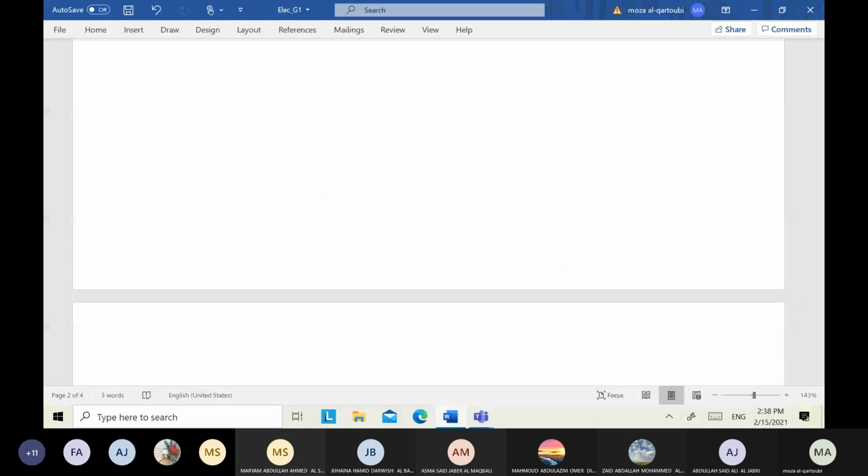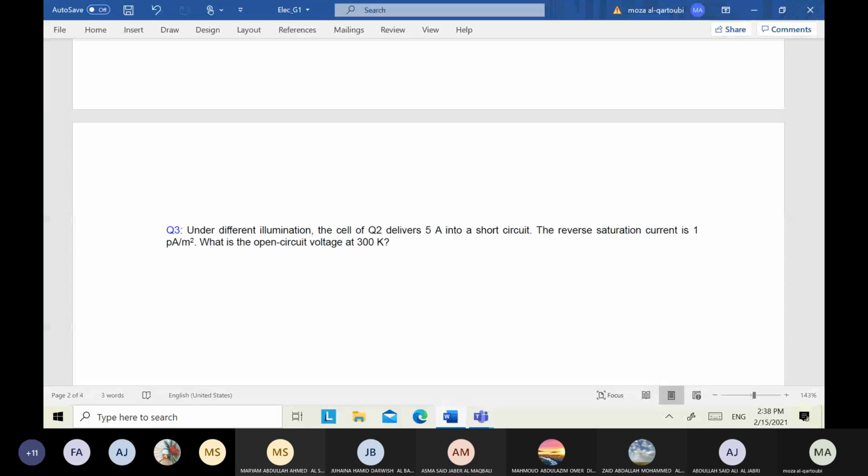Now we'll go to question number 3, same idea, with different data only and different illumination. The cell of question number 2, which we are solving now, delivers 5 ampere into a short circuit. So 5 ampere, this is the I short circuit. The reverse saturation current equals 1 picoampere per meter square.